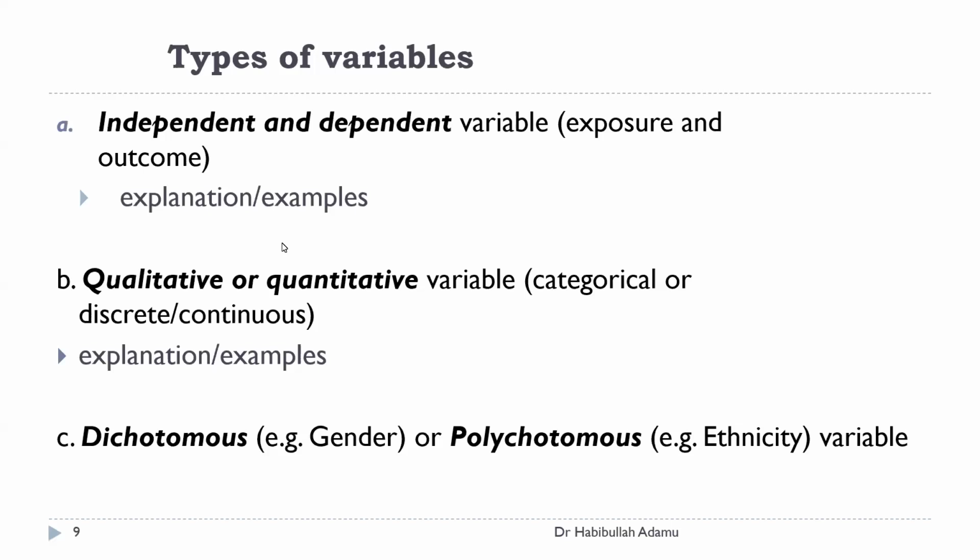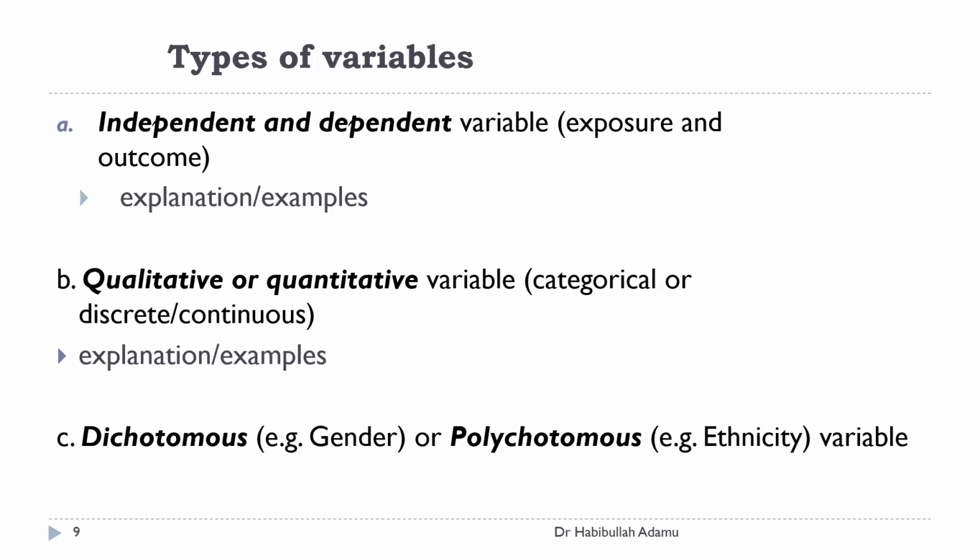Network is terrible. Please, at what point was I lost? Hello? Sir, when you were trying to explain the types of variable, you had finished describing what a variable is. You were going to the types. Okay, all right. Yes, sir. So let me come over again.